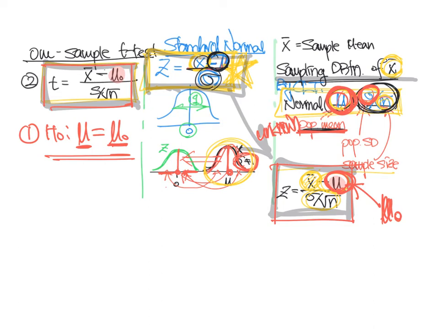What is sigma? The population standard deviation. It's not only the mu, but also another Greek letter, sigma, in the population. What does it mean? We don't know either. Even the sigma, the population standard deviation, is unknown.